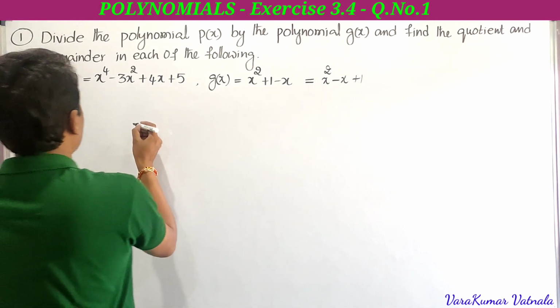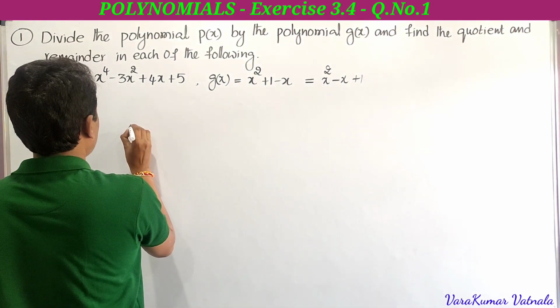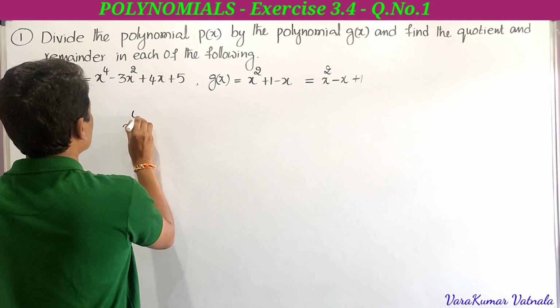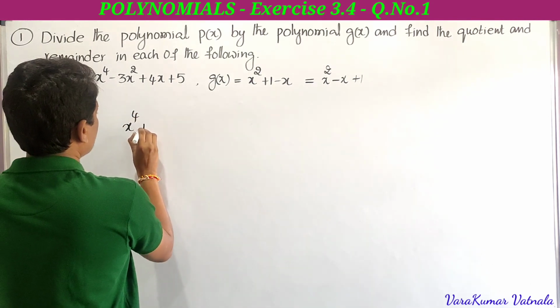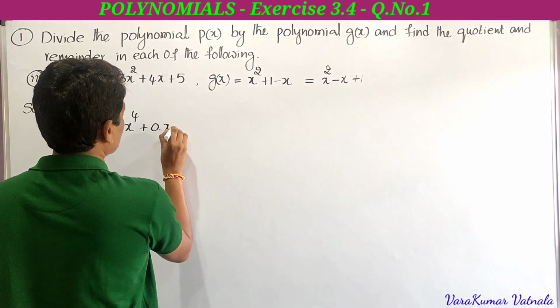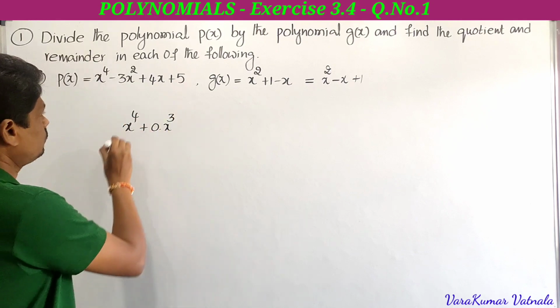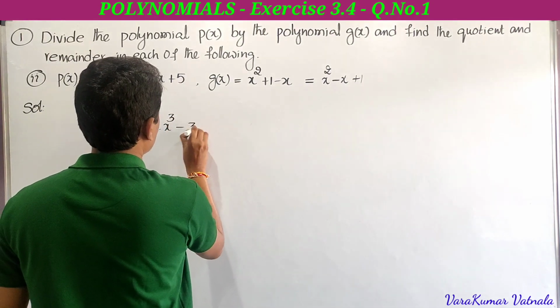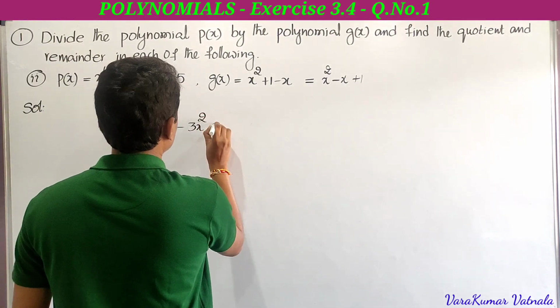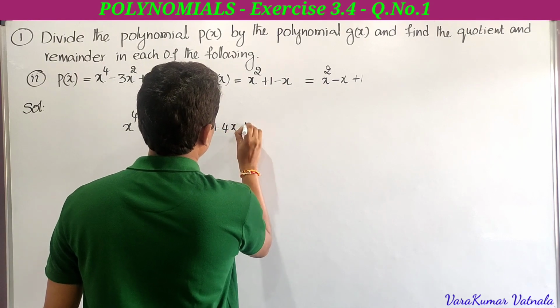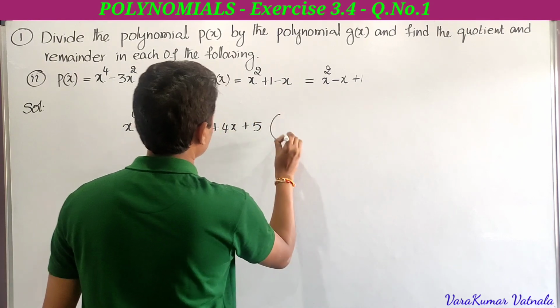See here, I am writing p of x as the dividend. Here there is no x cube term, so I am writing 0 into x cube. So x to the power 4, plus 0 into x cube, minus 3x square plus 4x plus 5. This is p of x.